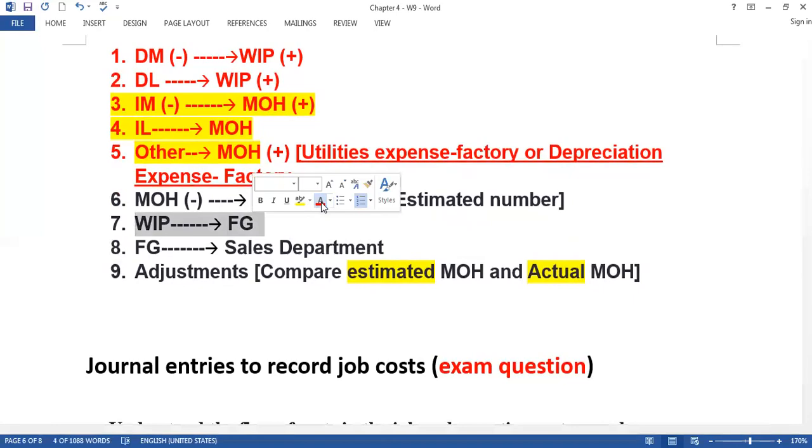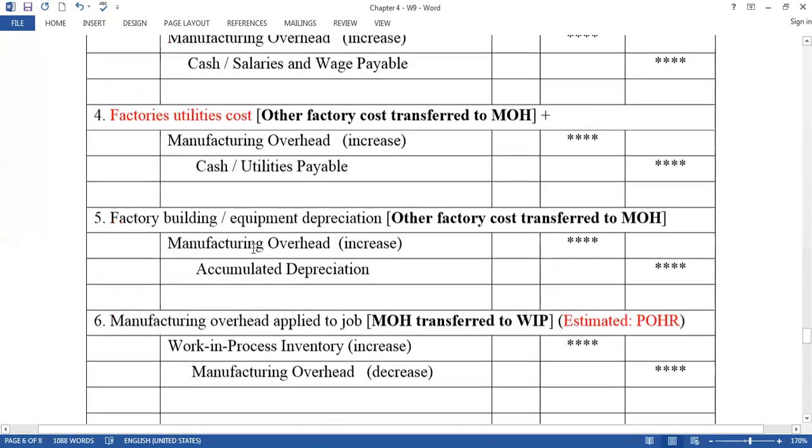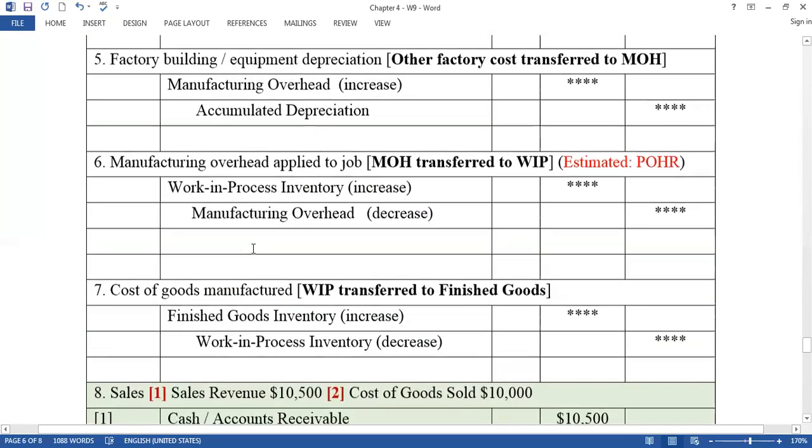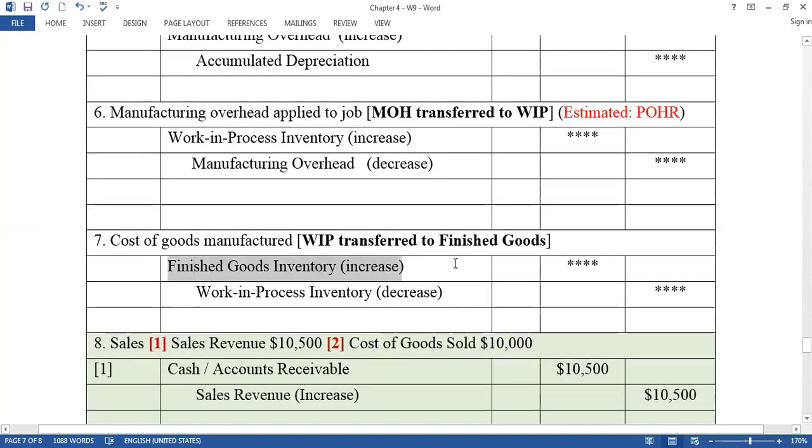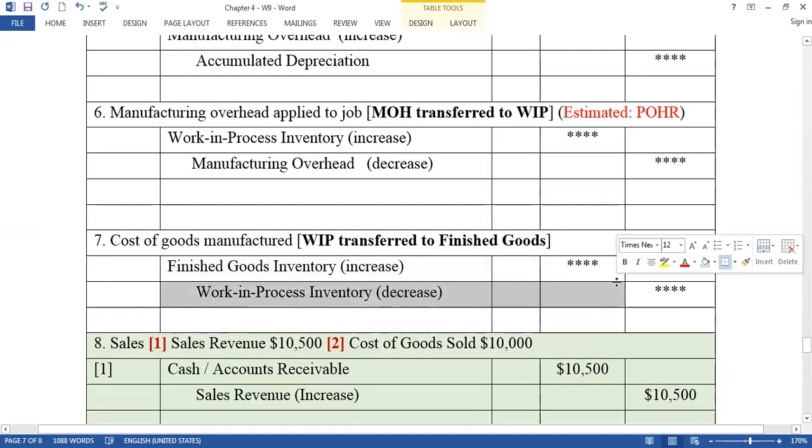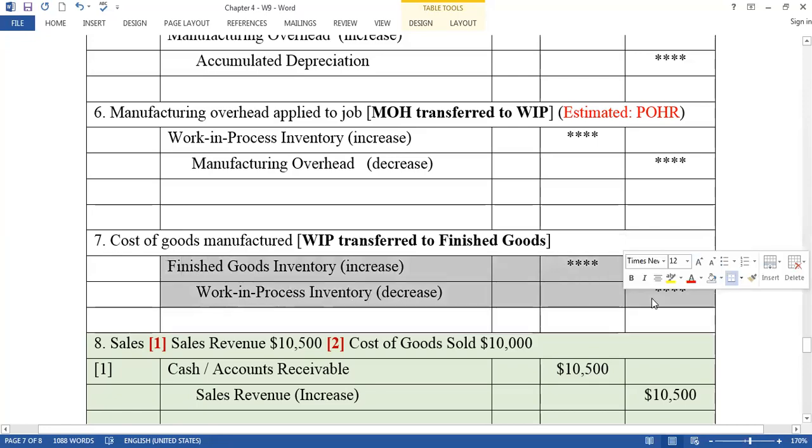Finished goods debit, you can see this one, and work in process becomes 0, right? Work in process does not have anything because it is already transferred to finished goods.